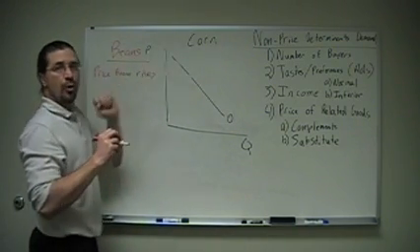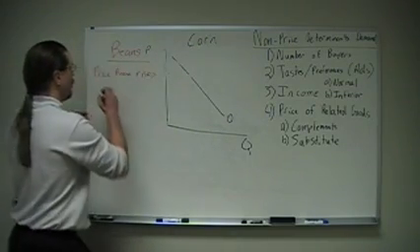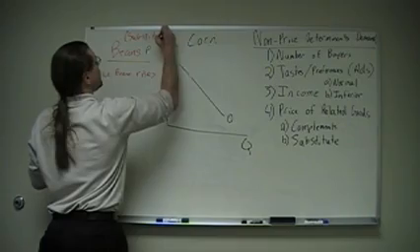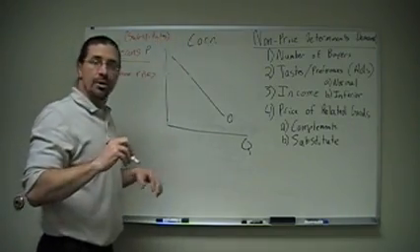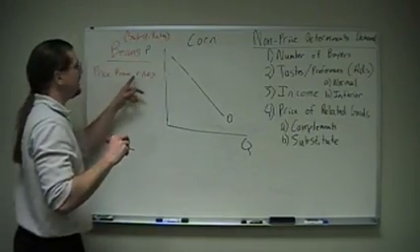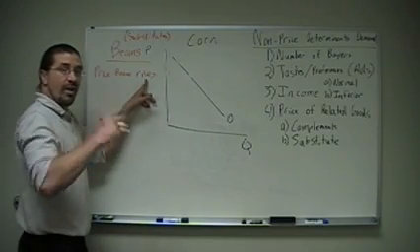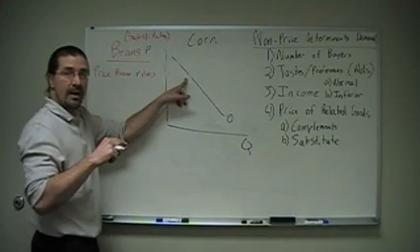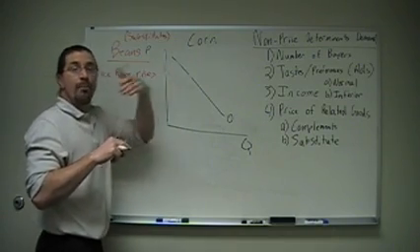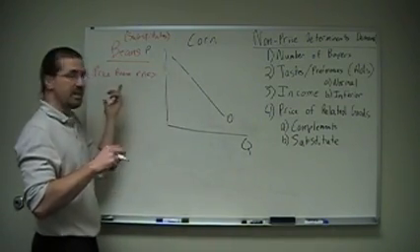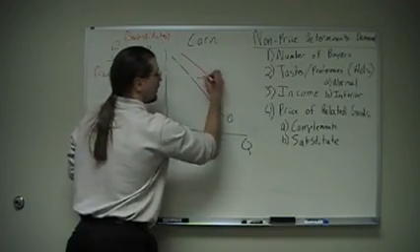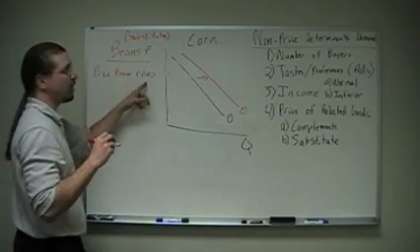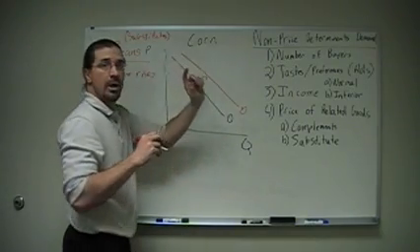And what are beans to corn? Beans and corn are substitutes. Right? If you're not going to eat corn, you're going to eat beans. Well, if the price of beans goes up, so one of the things that you can substitute for corn, its price rises, guess what happens to your demand for corn? You're going to want more of it because it's cheaper than beans, therefore your demand actually increases. So if the price of beans goes up, your demand for corn will increase.